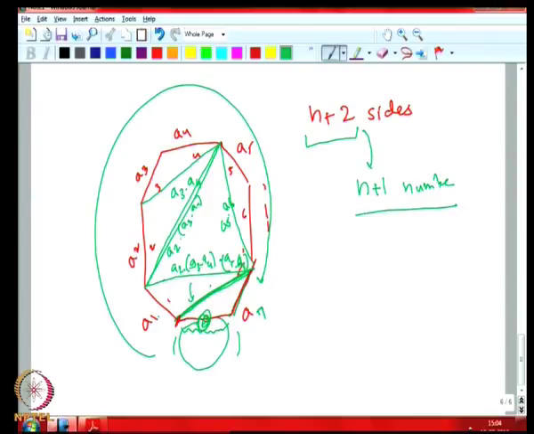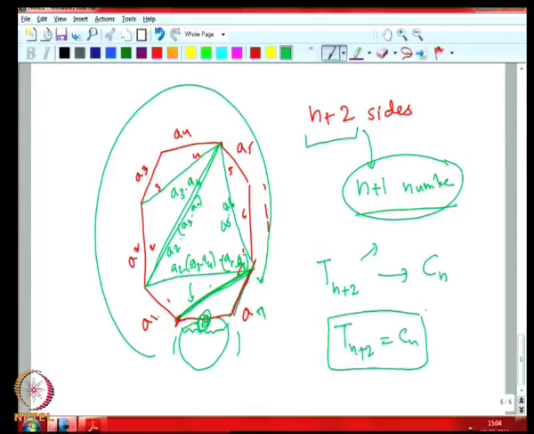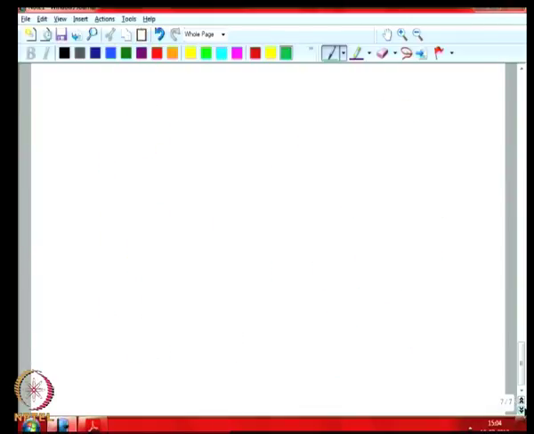So the number of ways to triangulate a polygon of n plus 2 sides will correspond to the multiplication schemes for n plus 1 numbers, which will essentially be Cn. So we will want to write T n plus 2 is equal to Cn, right. This is what we want. But we can also directly see this, this is Cn.